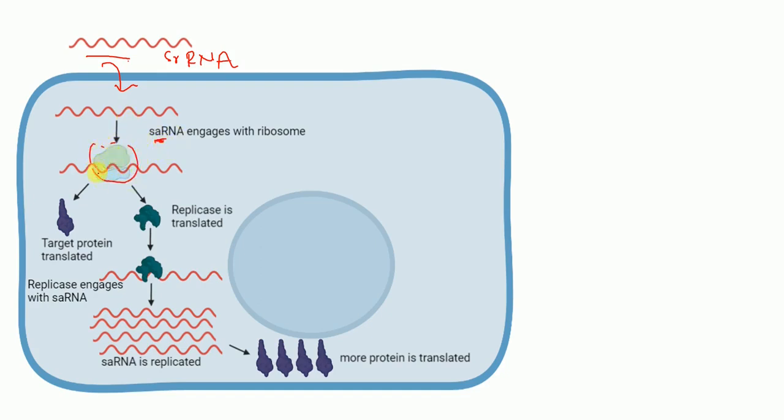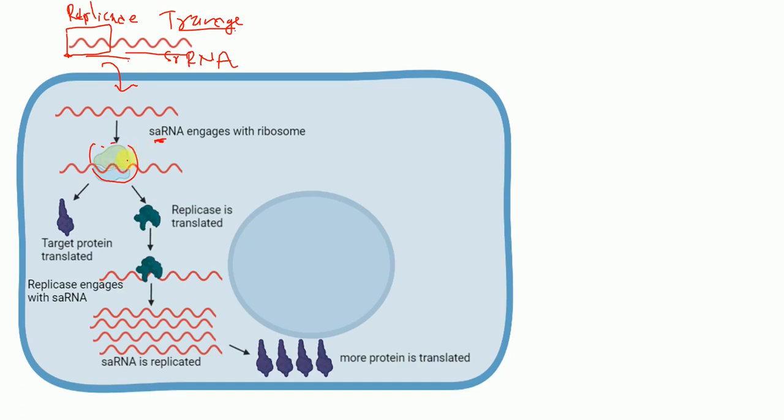Then what happens? This self-replicating RNA is translated, because it has two parts. This part is for the replicase machinery, and this part is for our transgene, our gene of interest. So the self-replicating RNA goes inside the cell, and in the cell it engages with the ribosome.